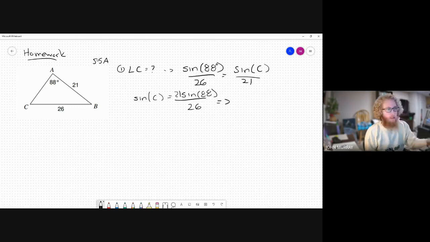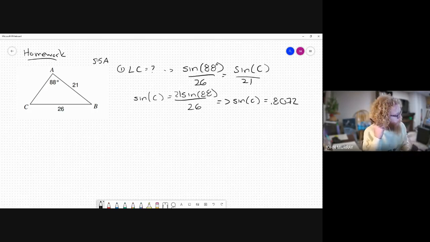So we calculate that, and I get the sine of C is equal to 21 sine 88 over 26. Okay, we're going to get 0.8072, I'll say.